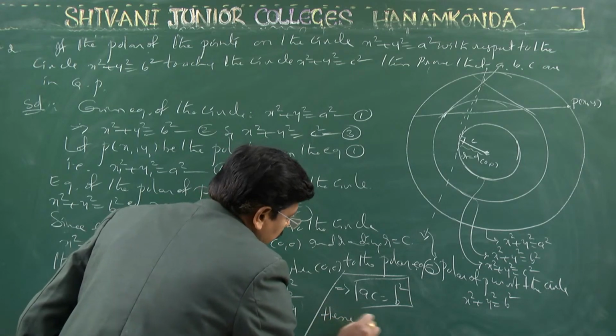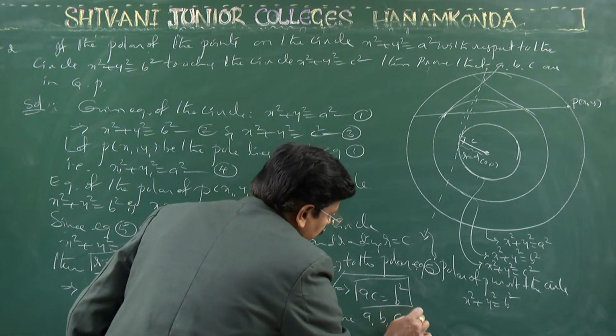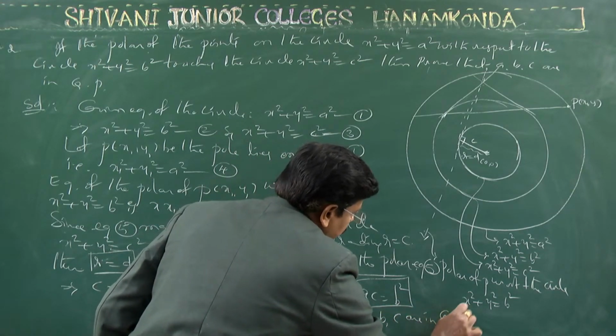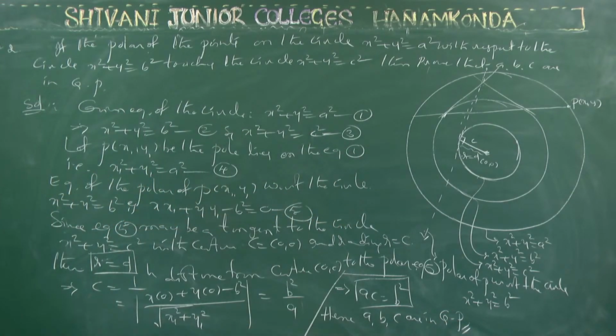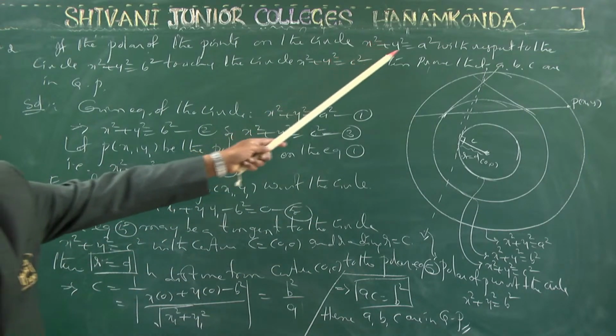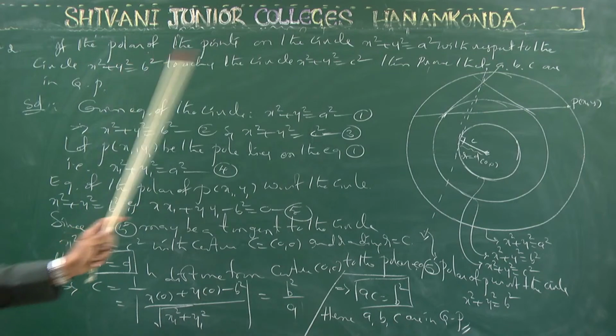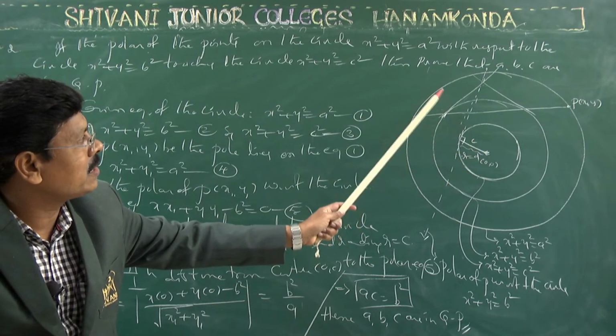Hence A, B, C are in GP. It is an important concept once again. You can observe that these three circles have the same center, so they are called concentric circles.